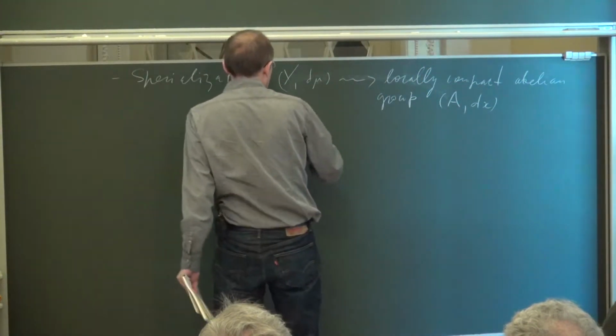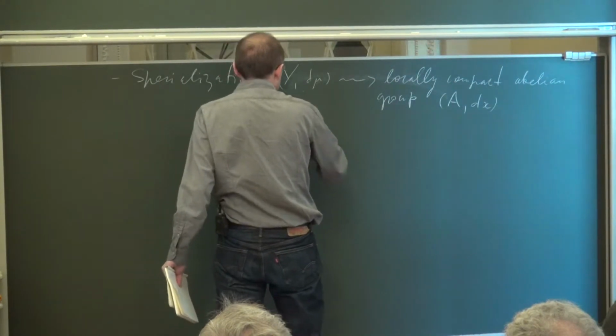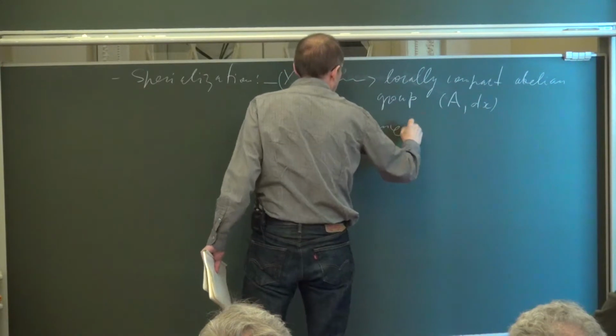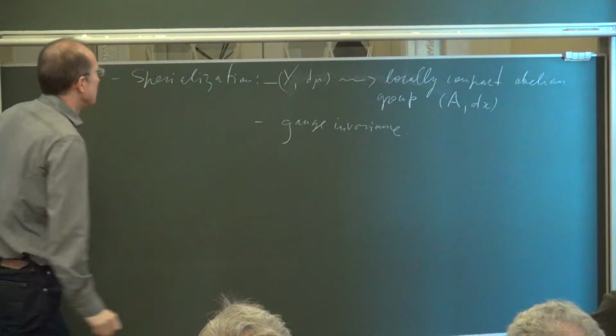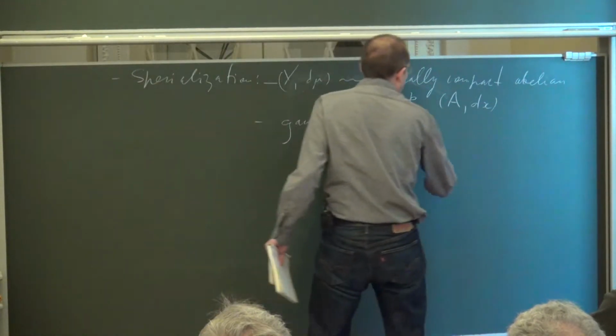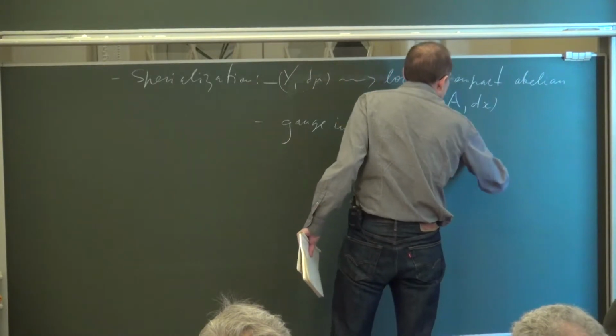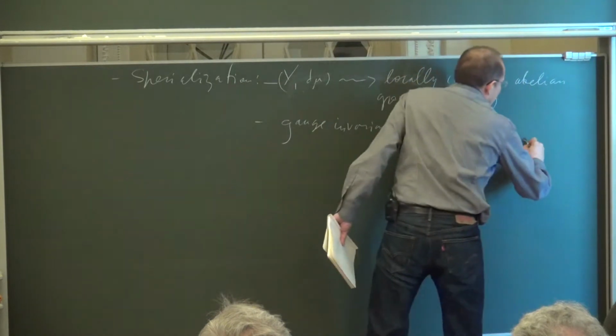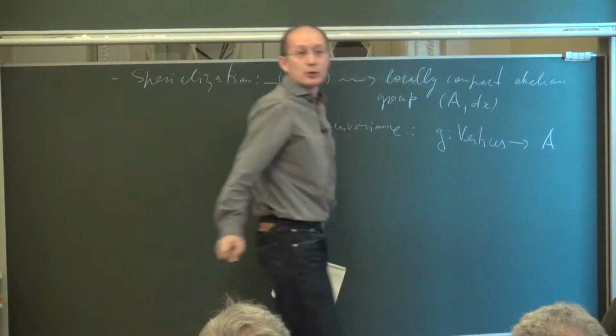And the second thing is the gauge invariance. And what is this gauge invariance? So gauge invariance is given by maps from the vertices to our abelian group.